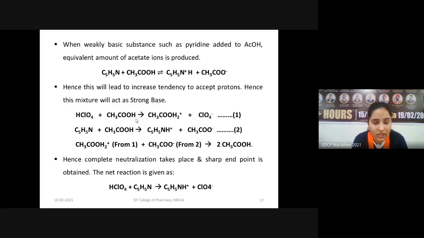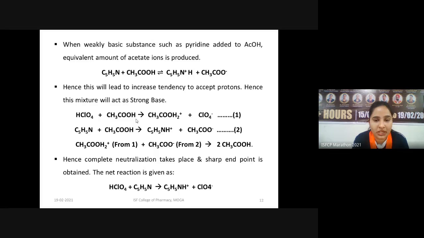In the equation number 2, any drug which we want to estimate, any weak basic drug, for example, I have taken here pyridine. Pyridine, because of the presence of lone pair, acts as a base, as we all know. It is going to react with acetic acid, and the acetic acid is going to release H positive ion, and that H positive ion is going to protonate the lone pair of electrons present on the pyridine.